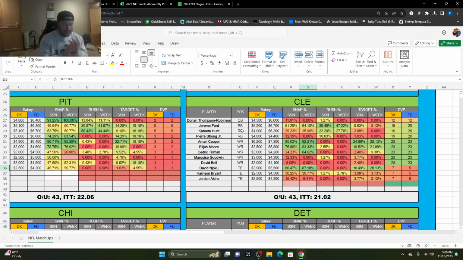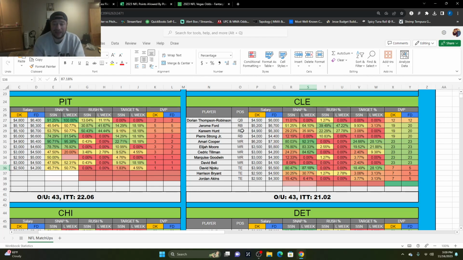I don't know the dynamic with DTR and the rest of them, how they're going to mesh like they did with Deshaun. With Watson being out the rest of the year, it's probably DTR or PJ Walker, depending on how it goes this game. So I'm not using quarterback in this game. I'll use a little bit of the running backs here. The wide receivers are in a good spot.